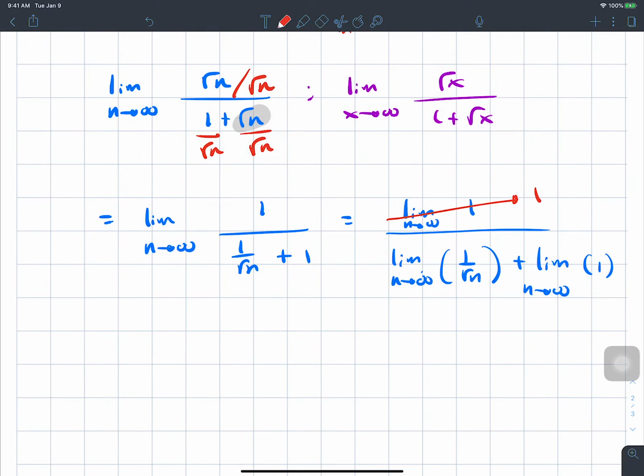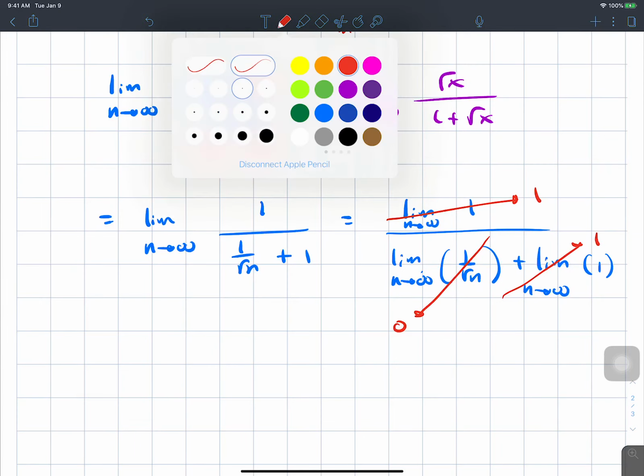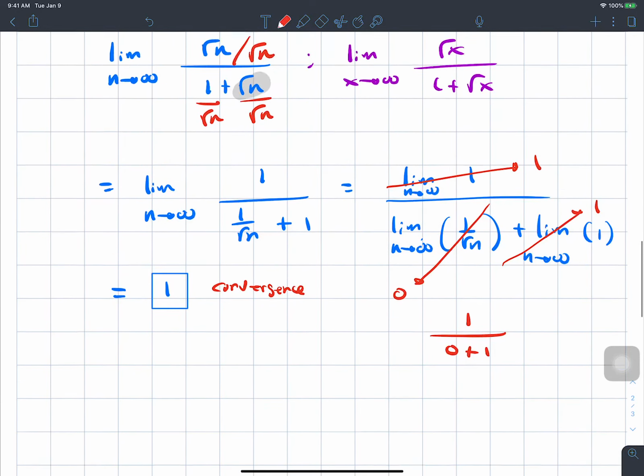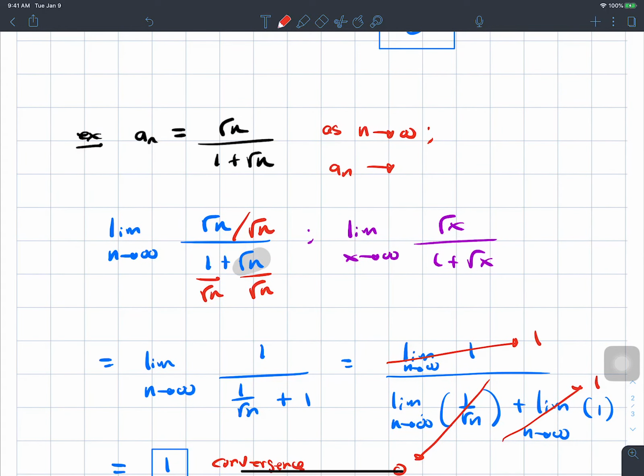The limit of a constant is the constant, so these are 1, and this is actually 0. So what you're really looking at is 1 over 0 plus 1. So this limit is 1. And again, what that means is we have convergence. So we can say this goes to 1.